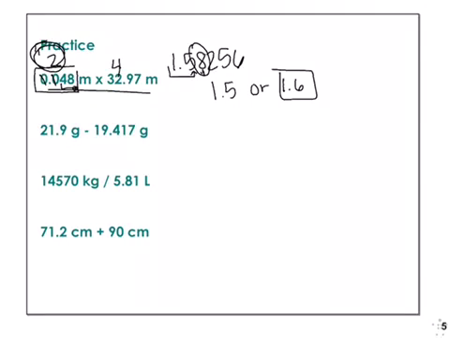Okay? So then, were there questions on that at all? What would the label be still? It would actually be meters squared, because you have a meters times the meters. Good question.